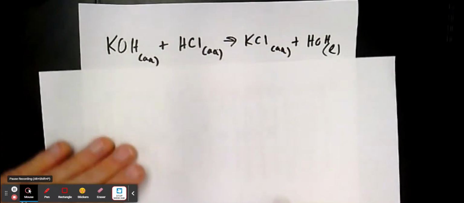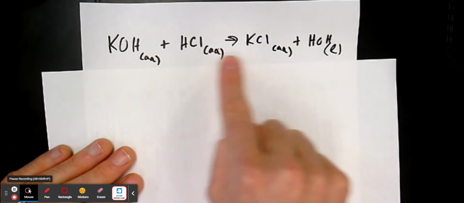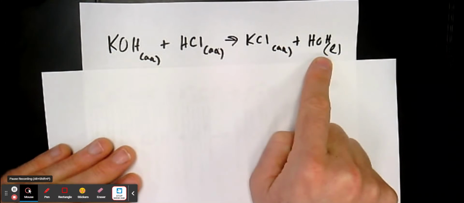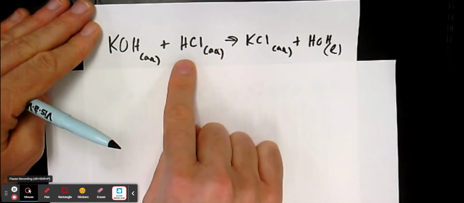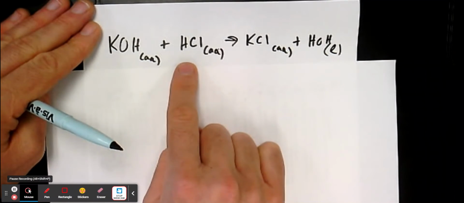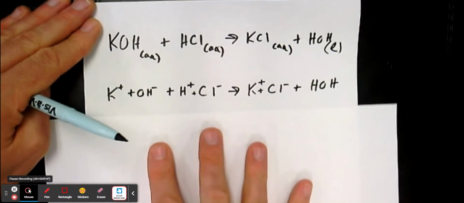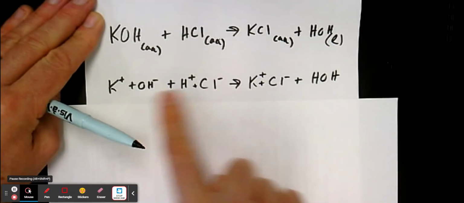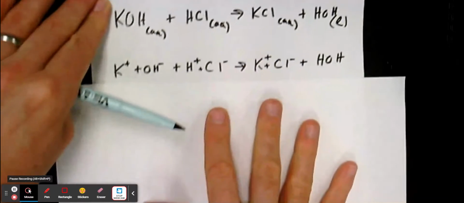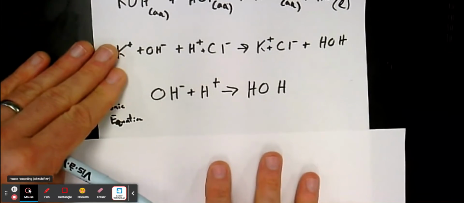Now what was the reaction that we saw? We reacted potassium hydroxide with hydrochloric acid, and we made potassium chloride and water. This is a strong base and a strong acid, so they're both strong. They're both going to dissociate, and this would be what they're going to dissociate into. You notice my potassium and my chlorines, they're going to fall out. So my net ionic equation is this.